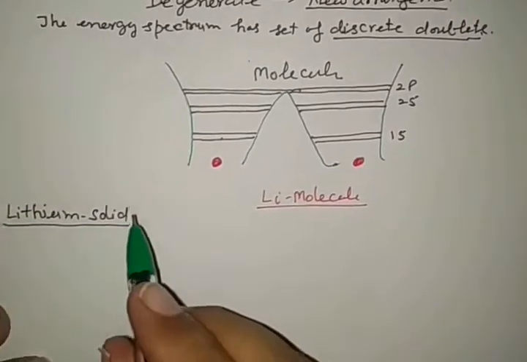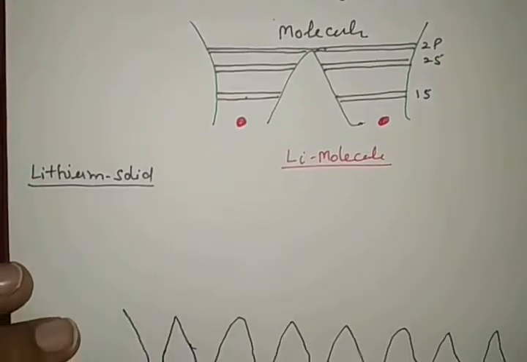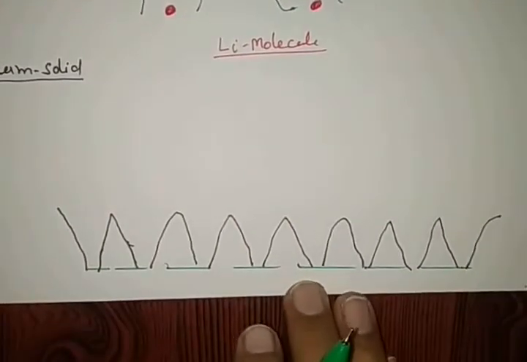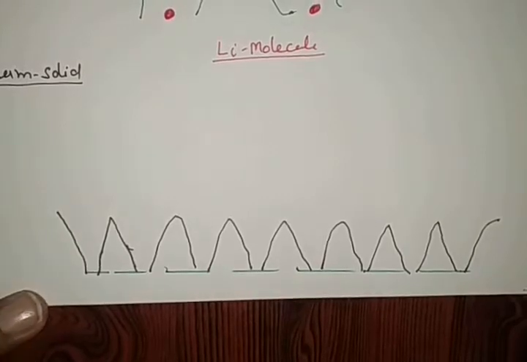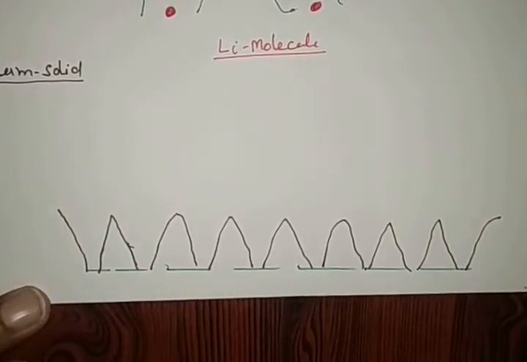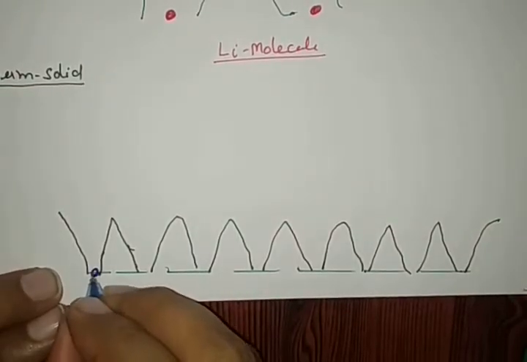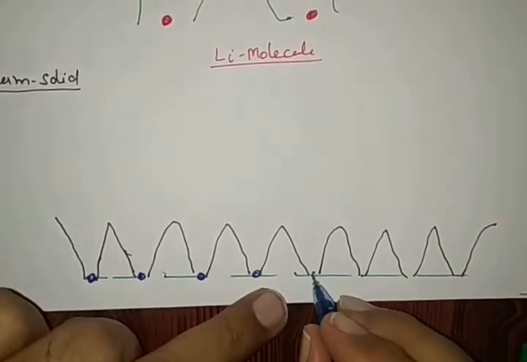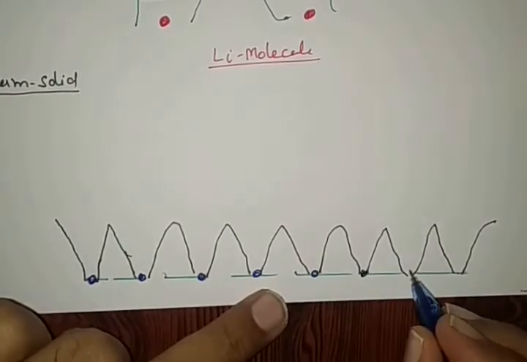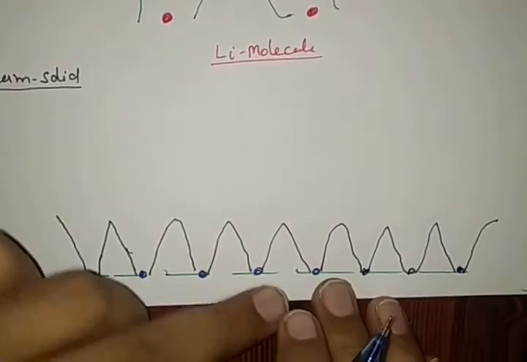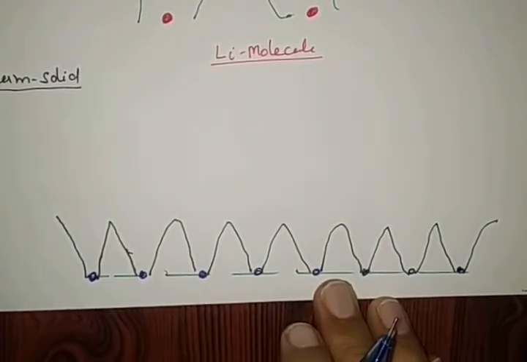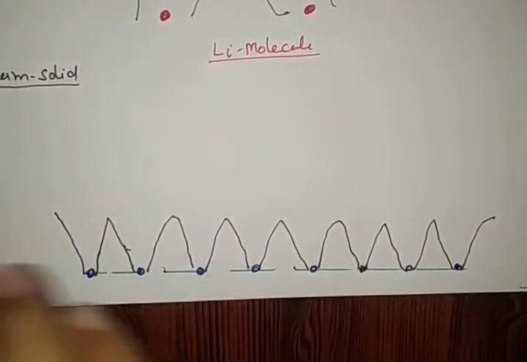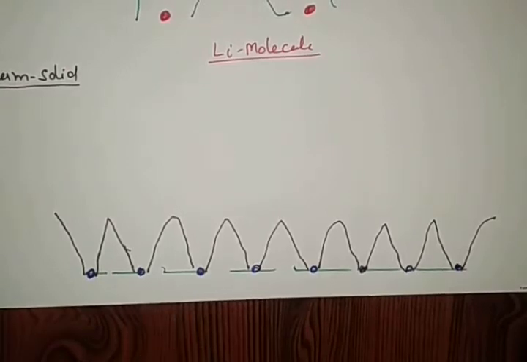Now see what happens in the case of lithium solid. Here the positions of the atoms are given: nucleus 1, 2, 3, 4, 5, 6, 7 and 8. If these atoms are given, see how degeneracy sets in, a new arrangement.